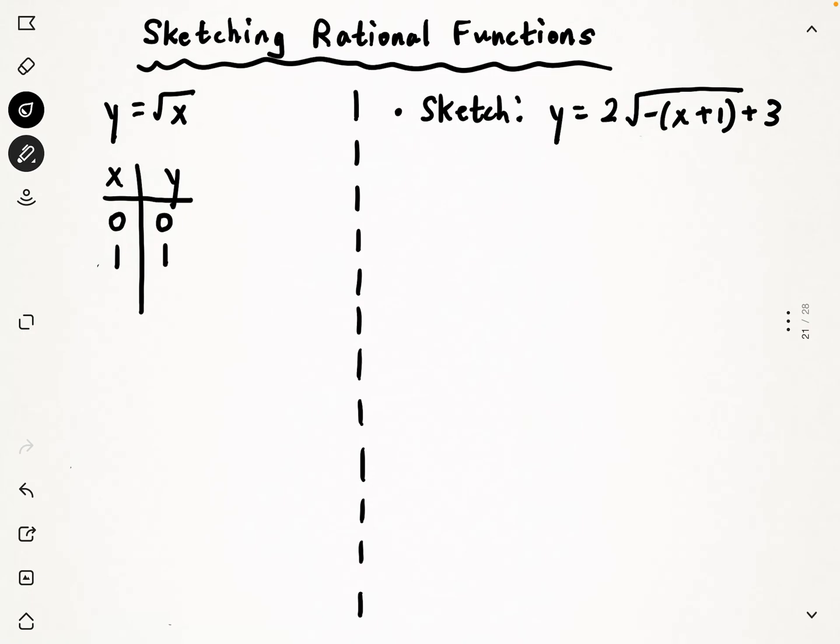Square root of, let's not use 2 or 3, because the square roots of those numbers are decimal numbers. So let's say the square root of 4 is 2, square root of 9 is 3, and we can just leave it at 4 points. You can go further if you like, but 4 points is enough for you to sketch a graph. And also what I'm going to mention right here is that you can't go any lower than 0 for x.